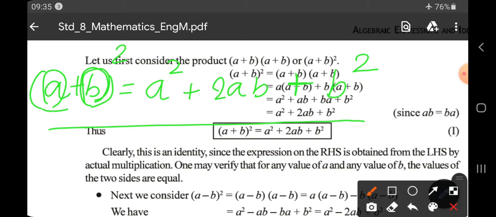This is the expansion. So you can write this equation in your notebook, rough book, 10 times, so you will remember it. (a plus b) whole square is equal to a square plus 2ab plus b square. Or you can say it this way also: first term square plus 2 into first term into last term plus last term square.